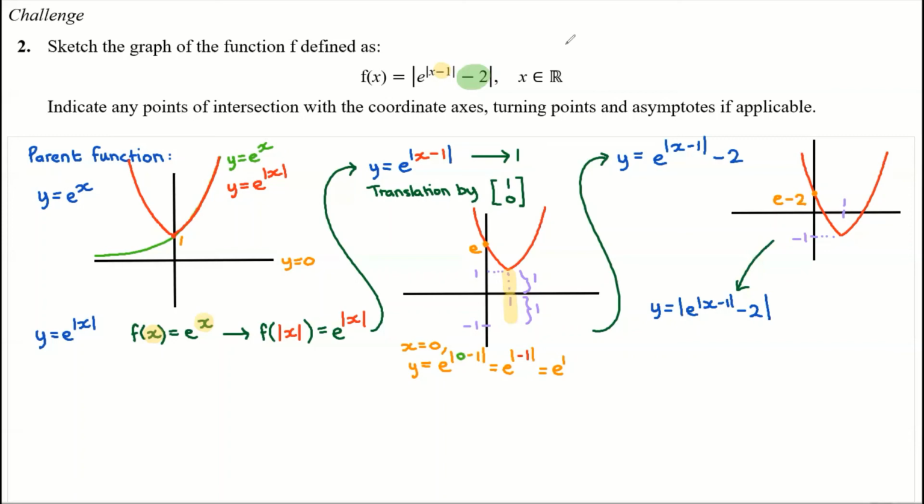Well, all we do is we say, okay, we just replicate the curve. So anything that is positive is kept, but anything that is negative is reflected in the x-axis. So it's going to look like a W shape like that. So I'm just going to sketch that as my final thing. So I'll put it on here.